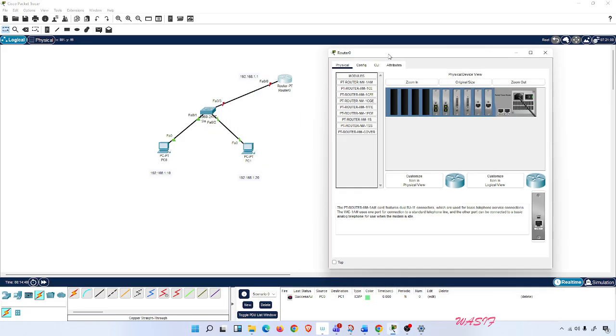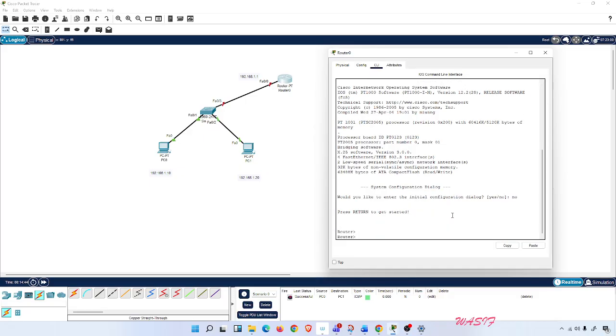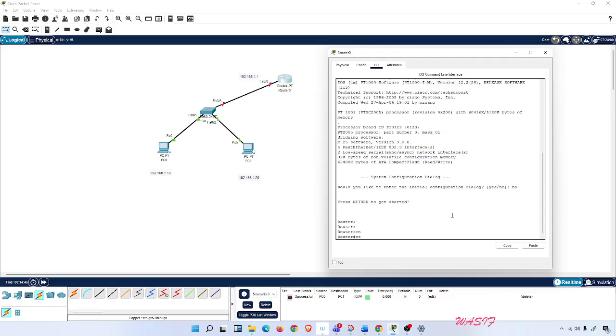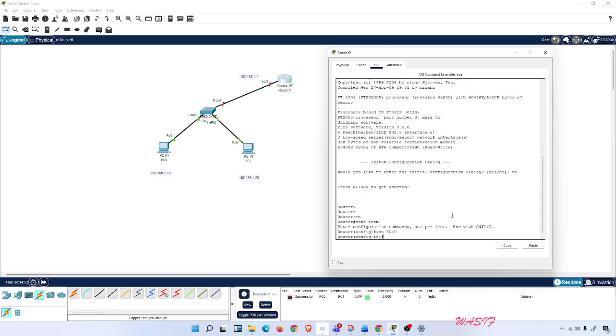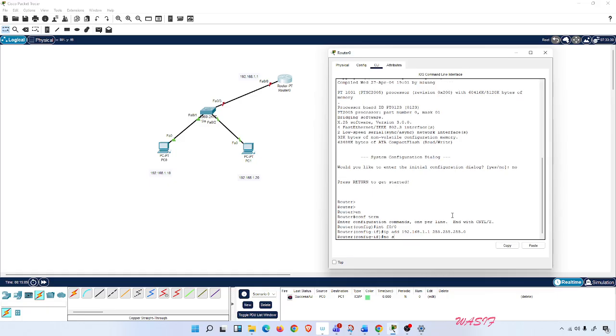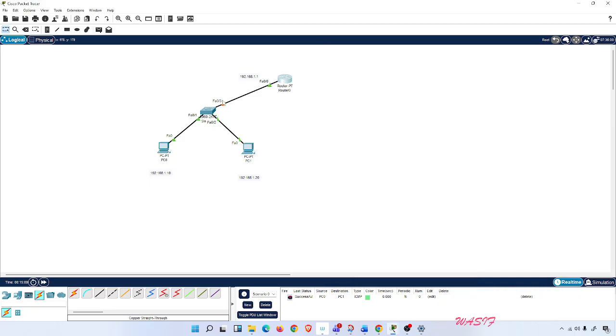How do you configure the IP address on the interface? Come to the CLI, type no, enable, configure terminal, then interface FastEthernet 0/0, IP address 192.168.1.1, subnet mask 255.255.255.0, then no shutdown. Now give some time for spanning tree protocol.